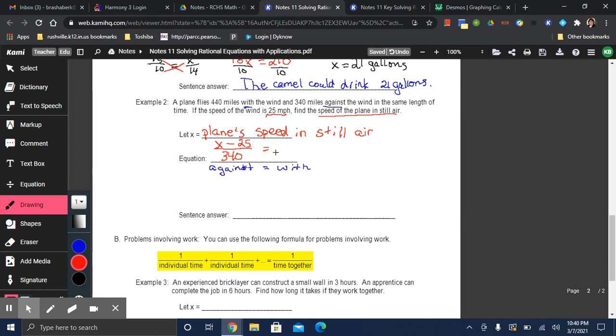All right. And then with the wind, the plane was helped along. It was speeded up by 25 miles per hour, and the plane was able to travel further with the wind, at 440 miles. Now, this is still a proportion.